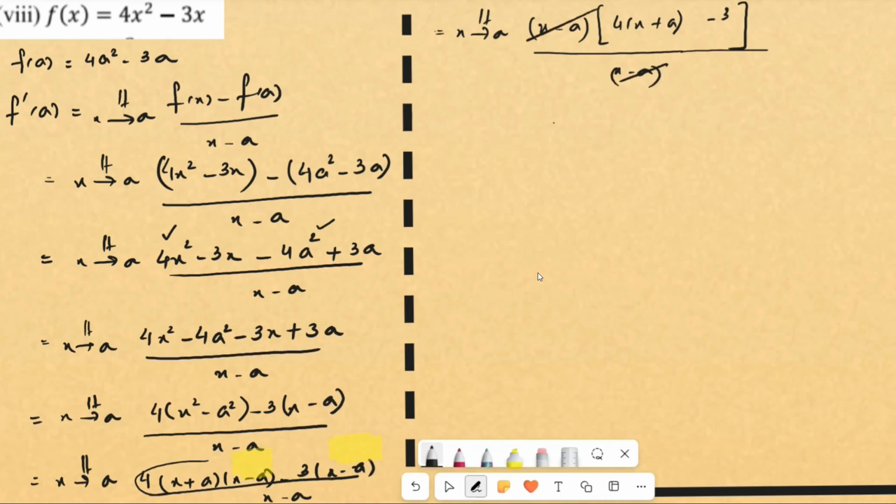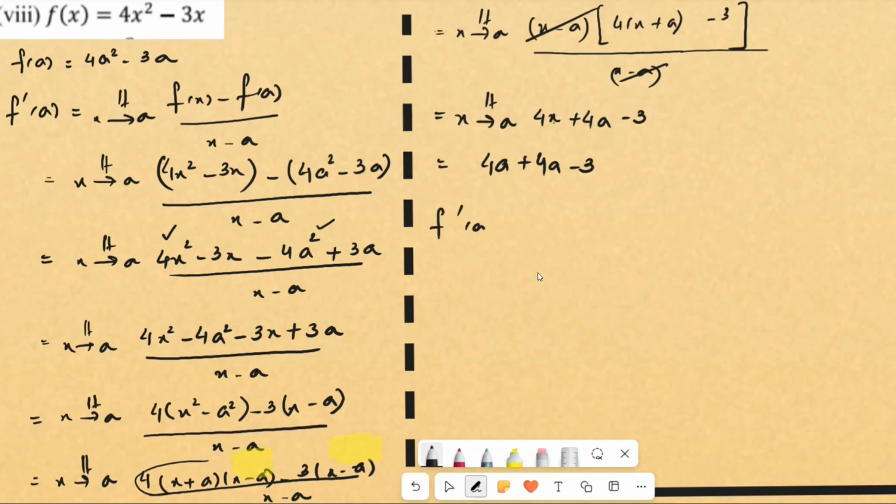X minus a is cancelled. So as x approaches a, 4x plus 4a minus 3 will be remaining. So replace x as a. So it would be 4a plus 4a minus 3.